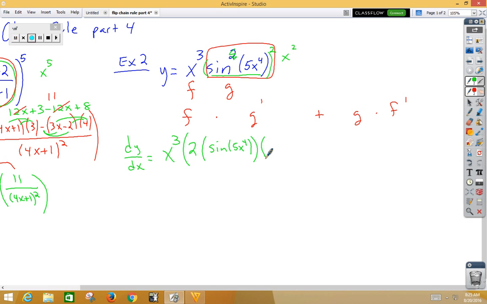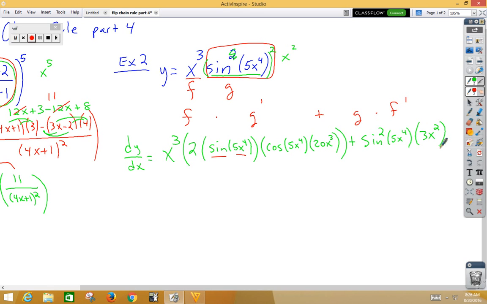Well, the derivative of sine is cosine. Don't change the inside, multiply by the derivative of the inside, 20x cubed, plus our second function, which was sine squared 5x to the fourth, multiplied by the derivative of our initial first function, which would be 3x squared.